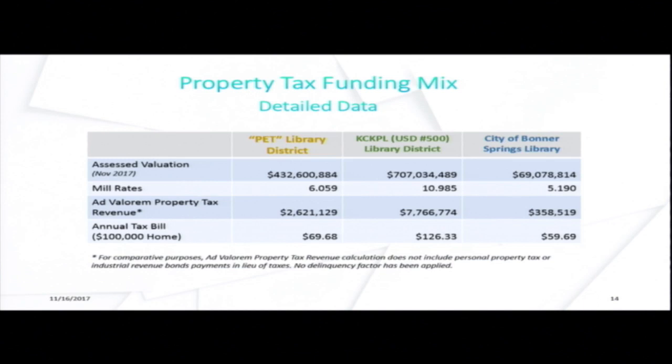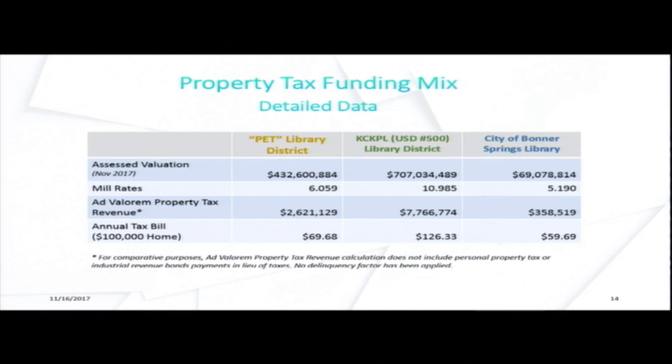The entire county is around $1.2 billion, so just keep that in mind. So it generates a little bit less revenue than what you're used to seeing in terms of the whole county. And then, of course, the city of Bonner Springs, their assessed value is $69 million with a mill rate of 5. And that results in property tax revenue on the third line.